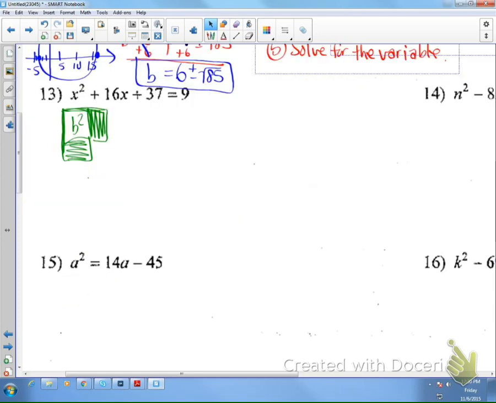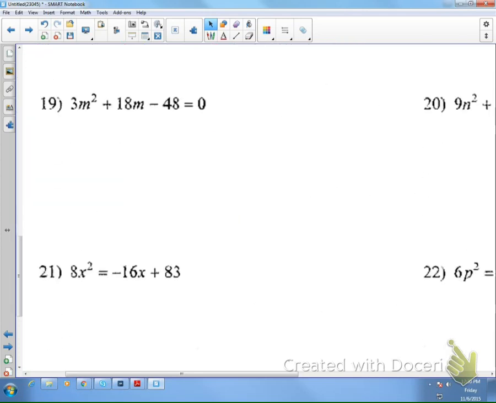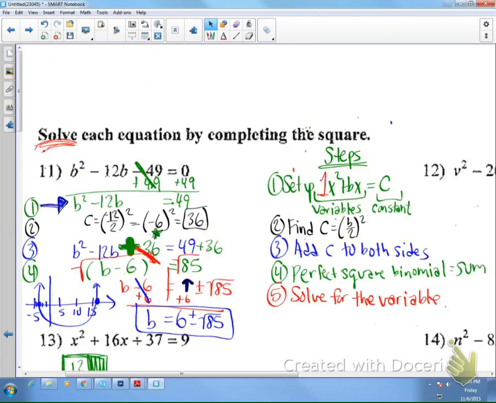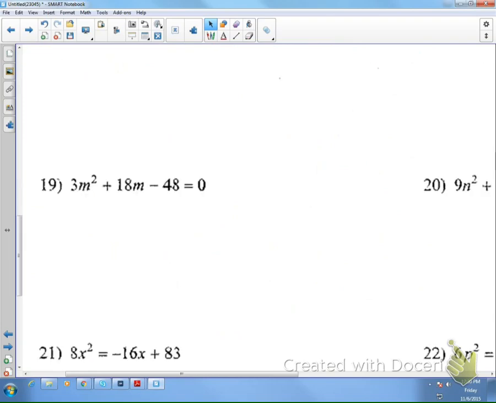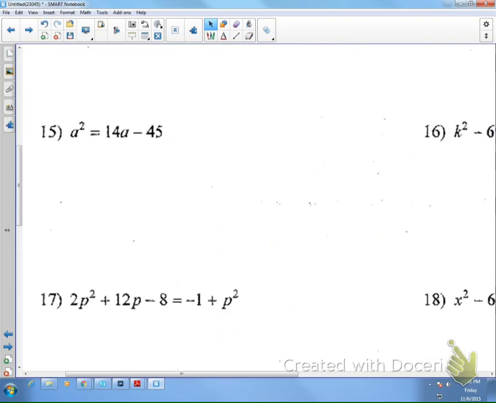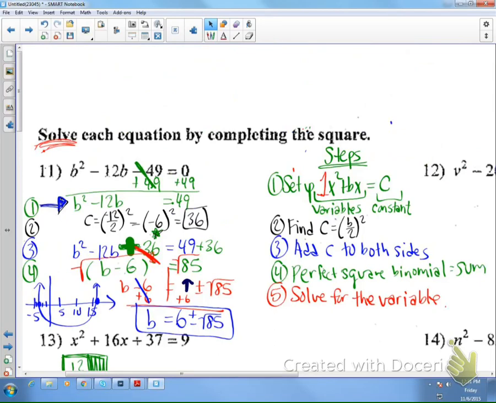Okay. We're going to go down and do number 19. I really don't want to have to write all those again. Because the camera's on, it really doesn't like the camera.